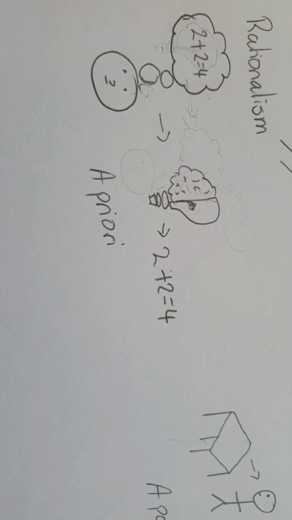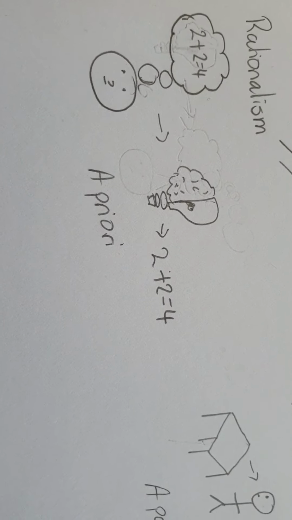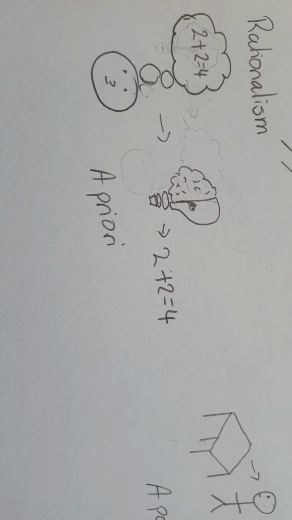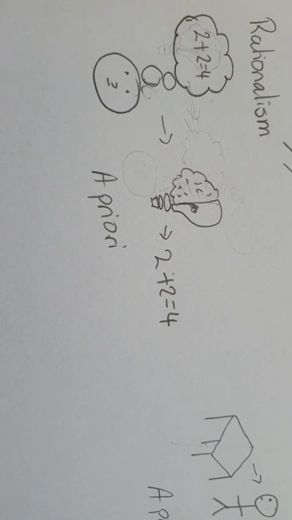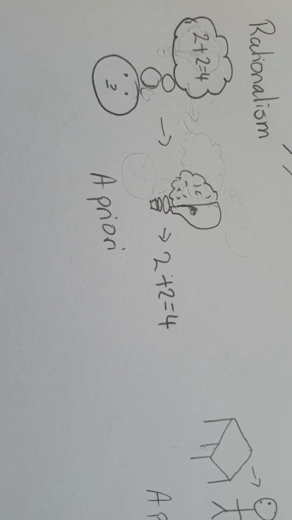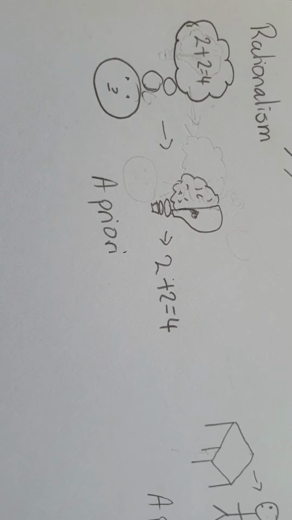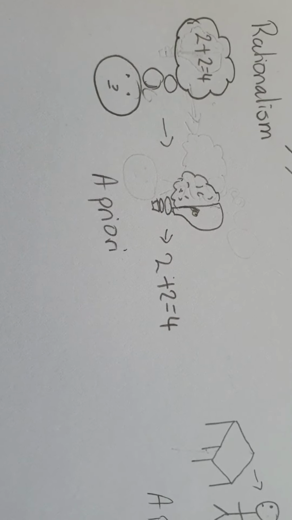I can use my ability to reason to work out that 2 + 2 = 4. If I understand what the concepts of 2 and 2 are, then I can work that out without ever actually experiencing 2 objects combining with another 2 objects in order to work out that there are 4 in total, because that knowledge, as I say again, comes prior to experience.